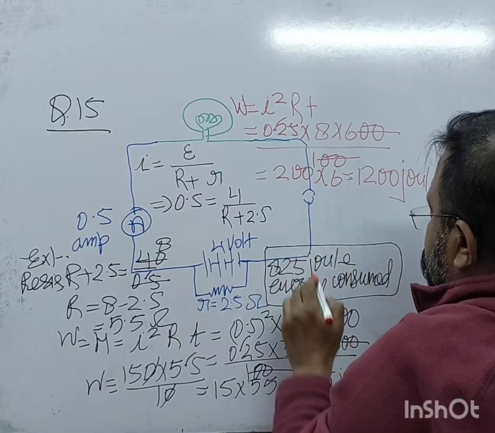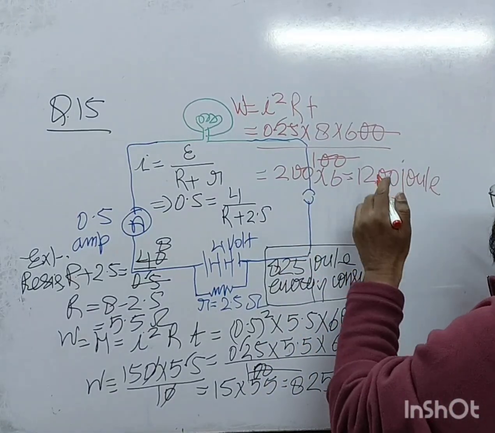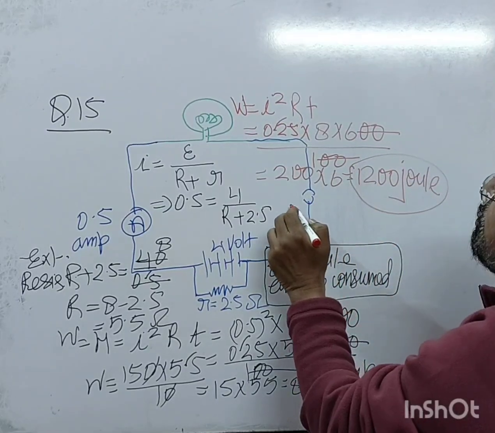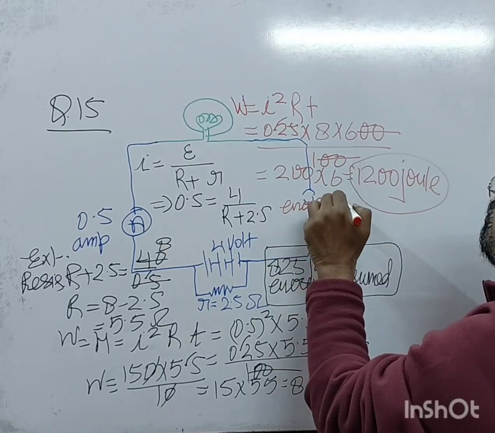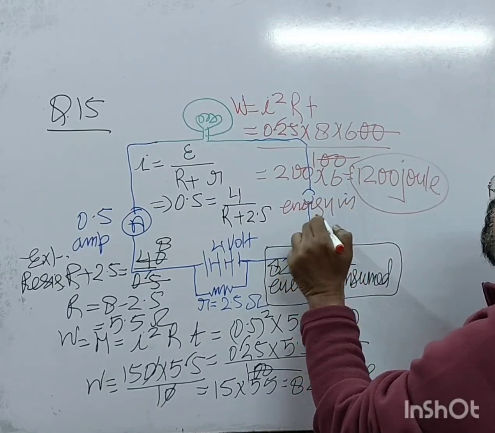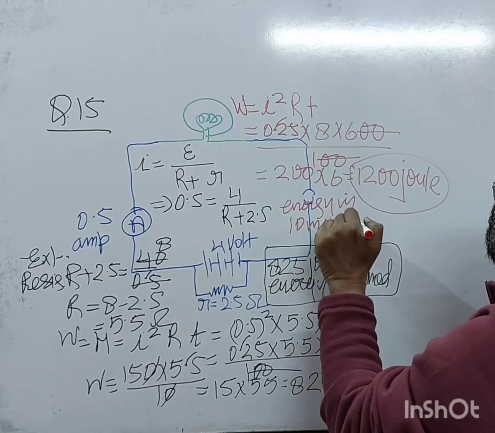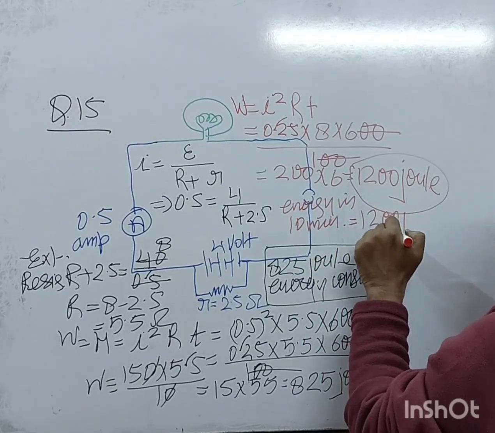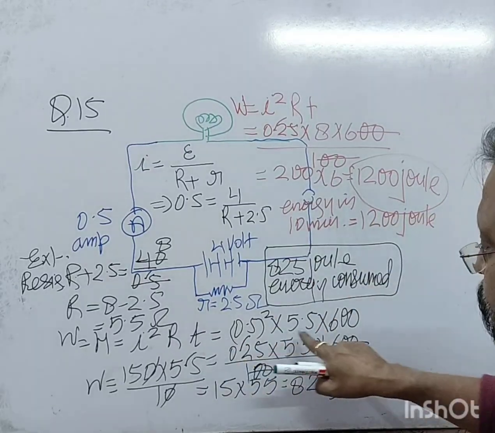So the total energy in 10 minutes is equal to 1200 joule. This is what we have found here. Earlier we took R as 5.5, the external resistance.